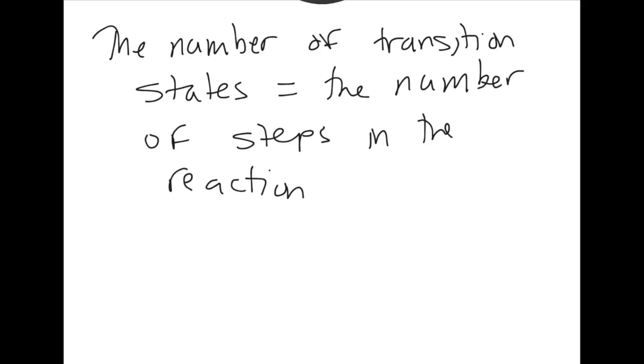So even if you don't know what the reaction is that you're doing, you can count the number of transition states and know how many steps there are in that reaction mechanism.